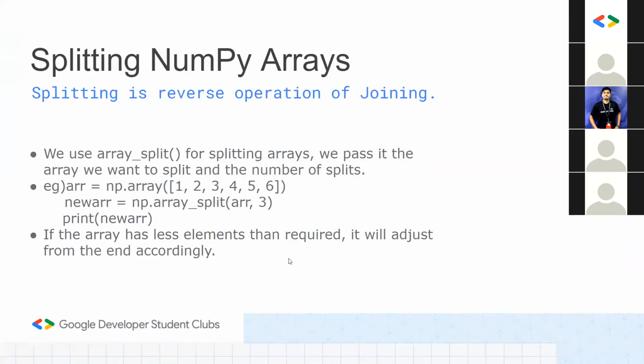If the array has fewer elements than required, it will adjust automatically from the end. So what this means is, let's consider one example.